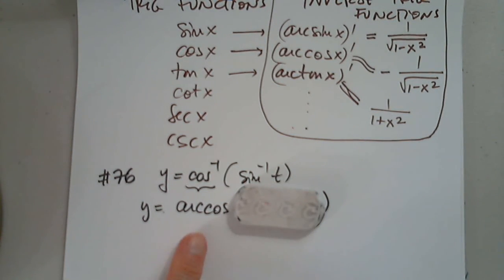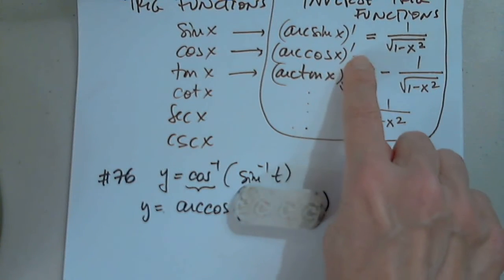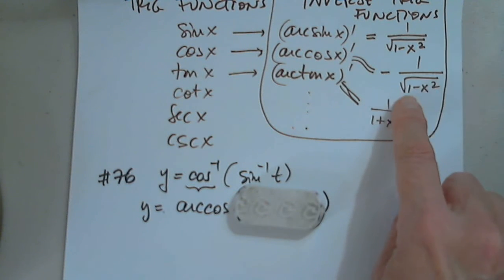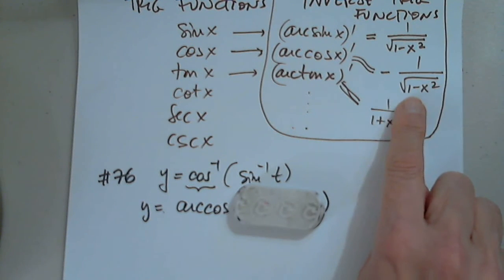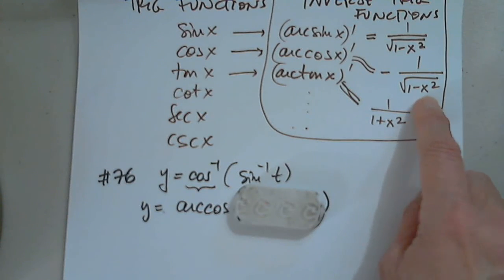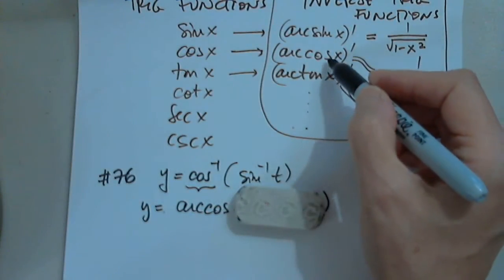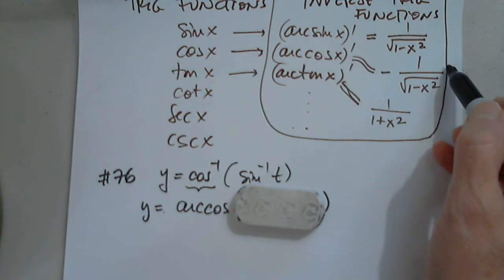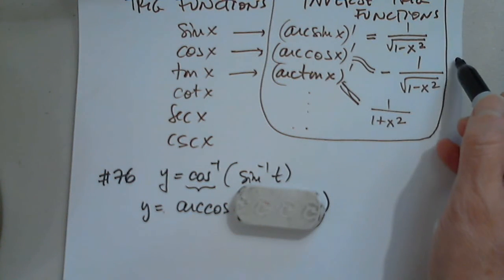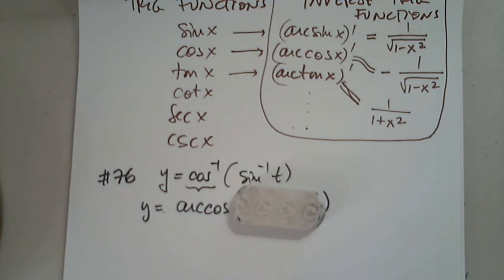So I have arc cosine of a function. The derivative of arc cosine of a function is -1 over the square root of 1 minus the function squared, times the function prime. Because if this is a function and this is a function, then I always have to multiply by f prime, like we did with exponentials, like we did with sine, everything else.